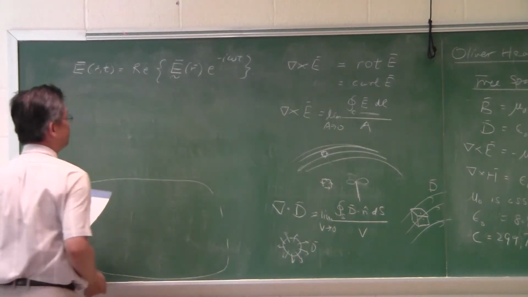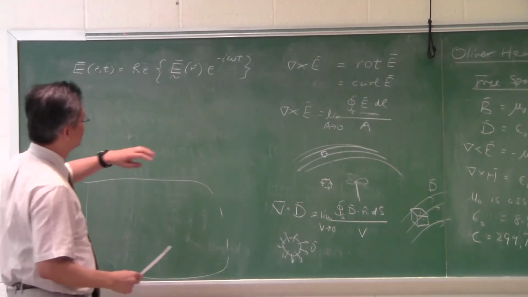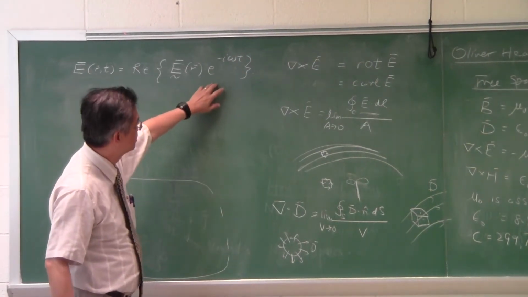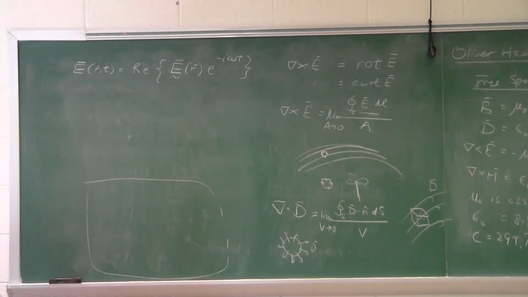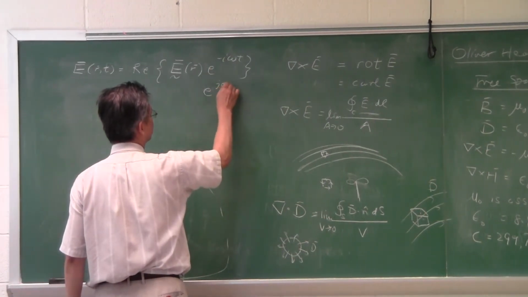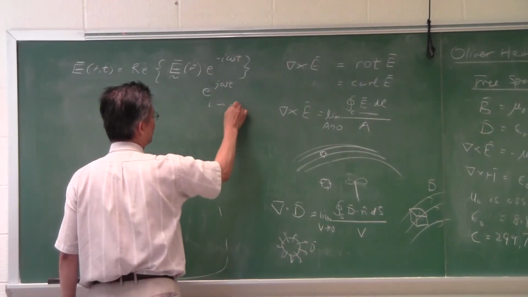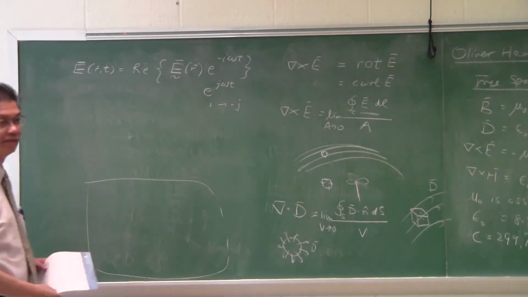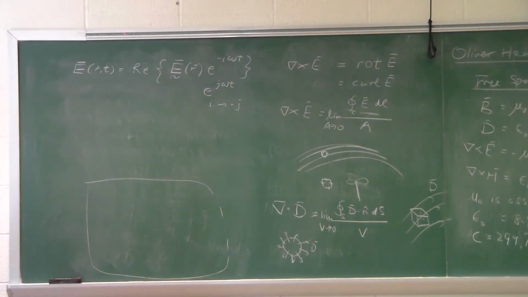I will use this time convention in this course that is usually used by people in optics. Okay, that we use e to the minus i omega t, and in microwave and circuits, people like to use this time convention. So you just change i to minus j. Okay, when you don't like i, you just change i to minus j. But in this course, I will use e to the minus i omega t time convention.